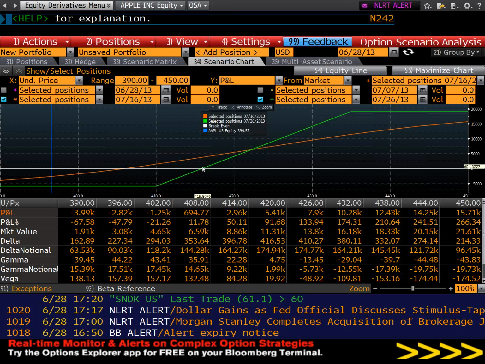The stock price will pick up the slack and start making you money on an intrinsic basis, because that's real value between the price of the stock and the strike price of the option that you are long.